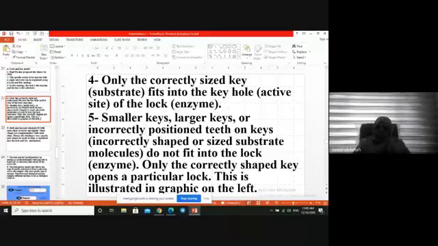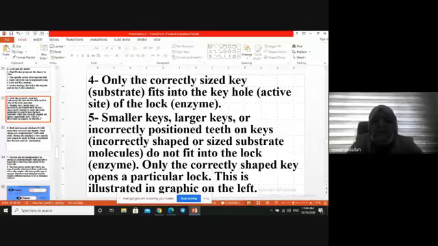Only the correctly sized key can be used to fit in the active site and interact with the active site of the enzyme, which is the lock for this key.